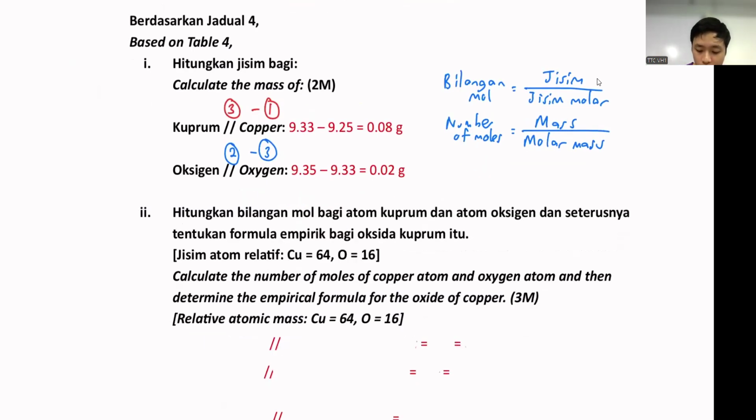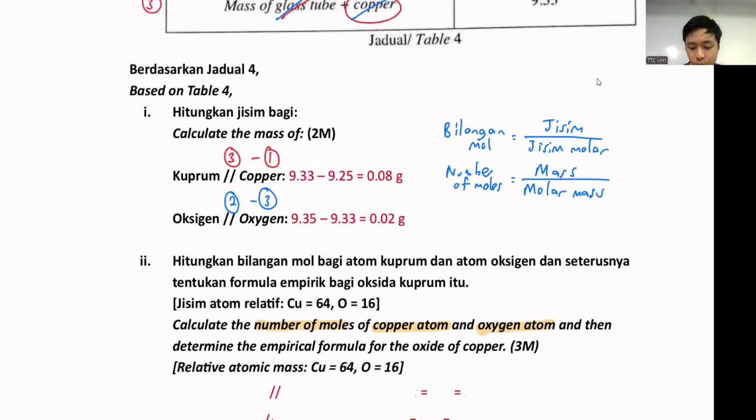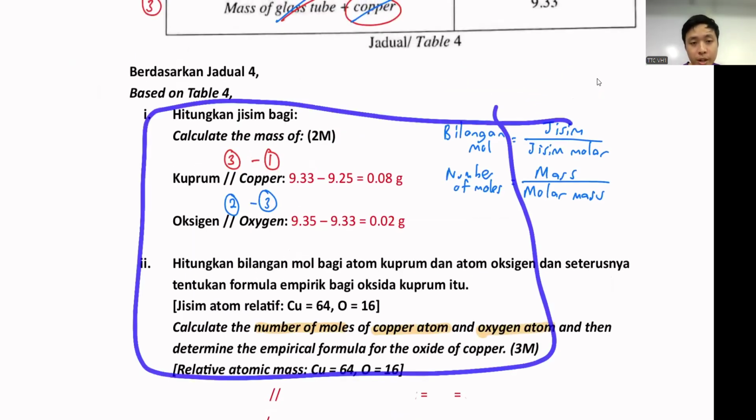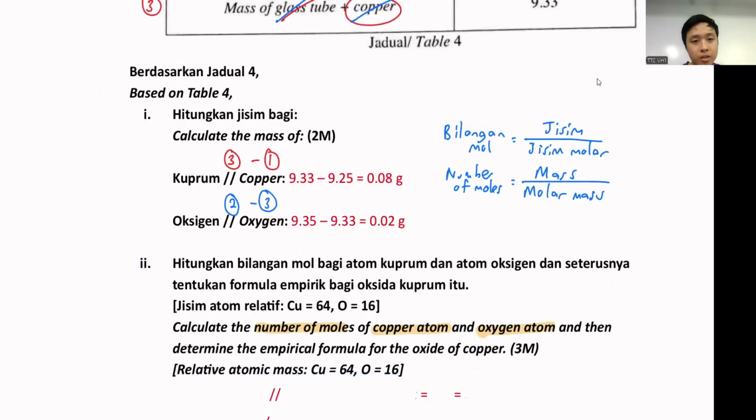They want you to calculate for both copper and oxygen atoms. Even if they ask in one package, sometimes it is only one question but contains 3 marks, maybe 4 marks.